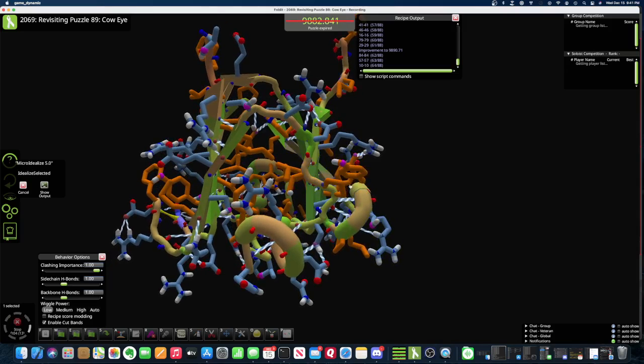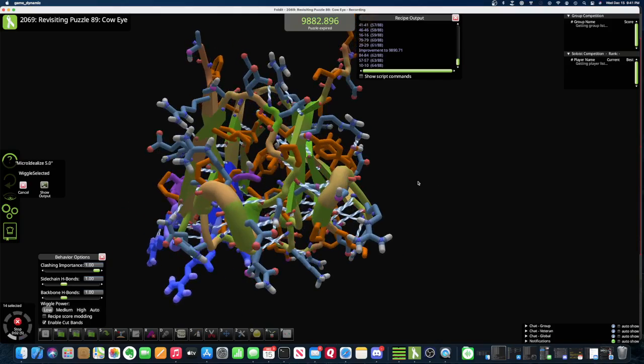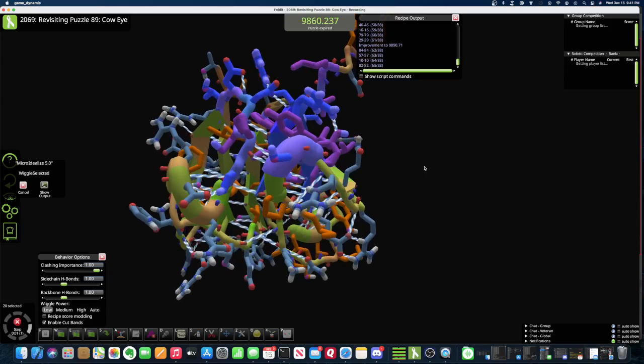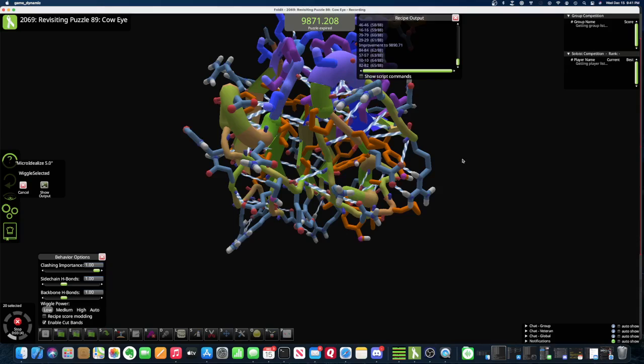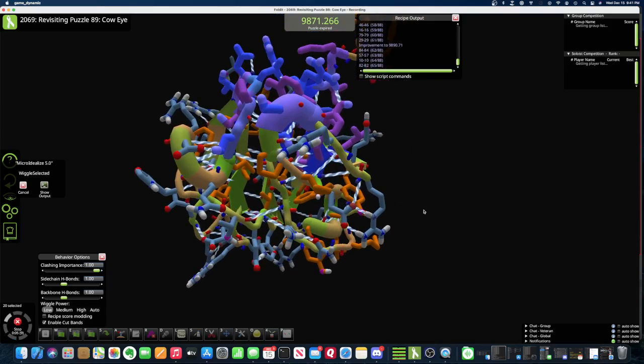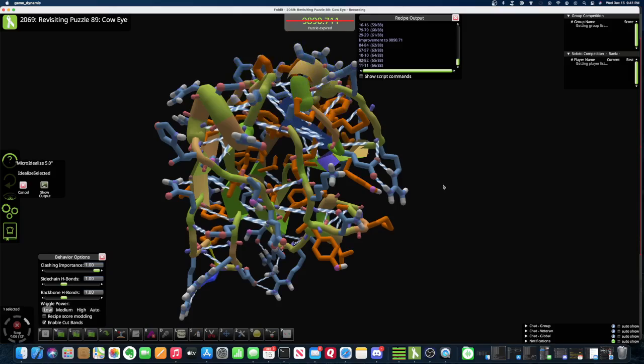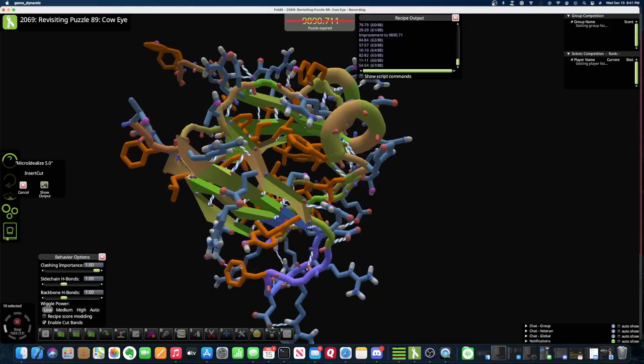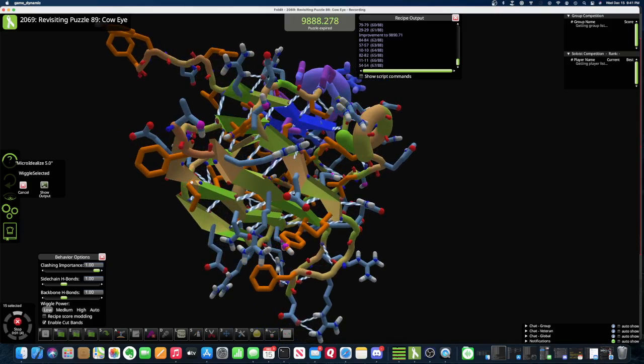If he's the only one that's exposed to the water, then you're in pretty good shape. Here we've got a methionine and so on. Another methionine, valine.